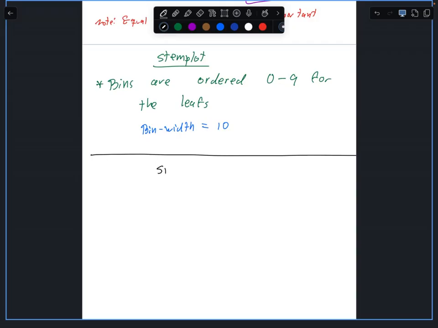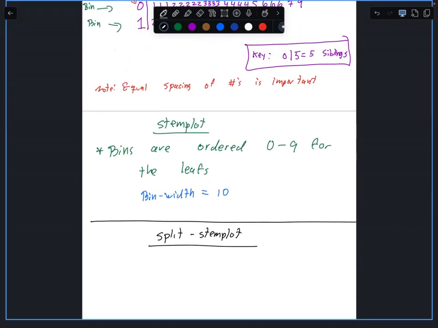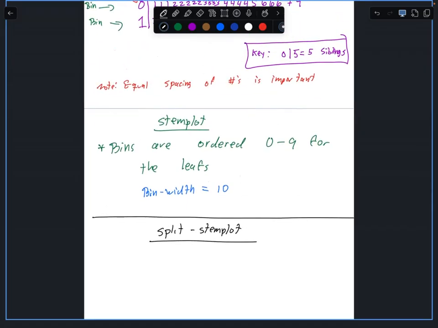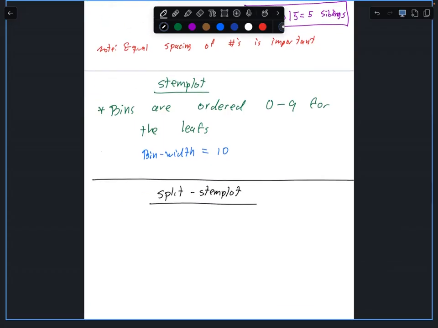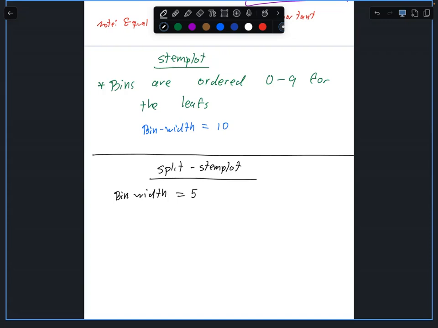This is called a split stem plot. Now, a split stem plot has all the properties of a stem plot except the bin width is 5. Each stem will be written twice.